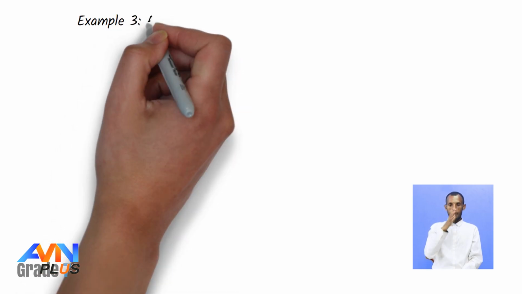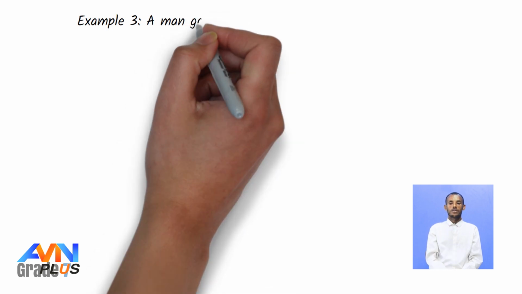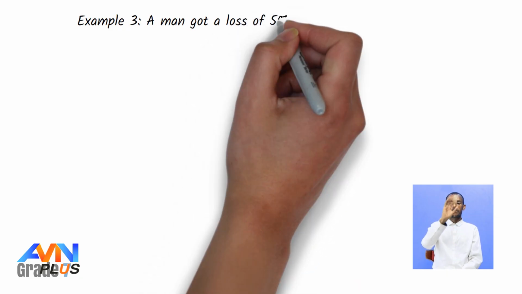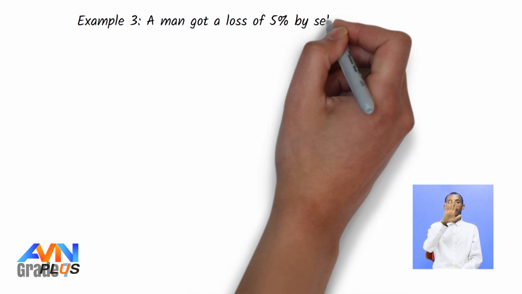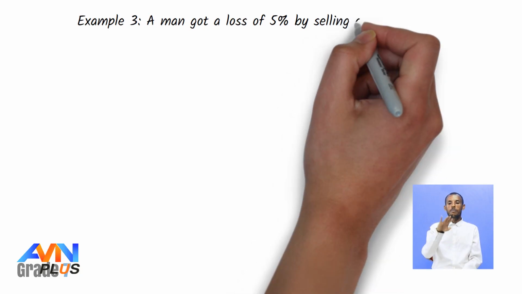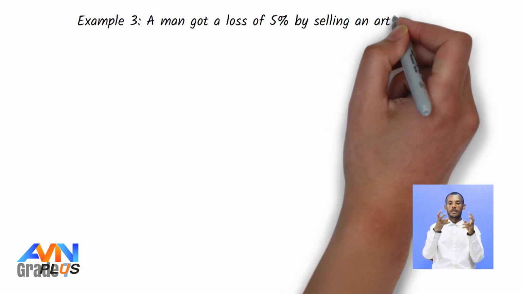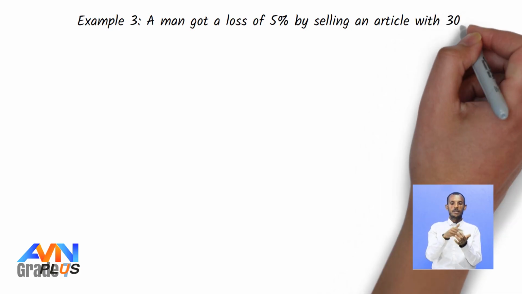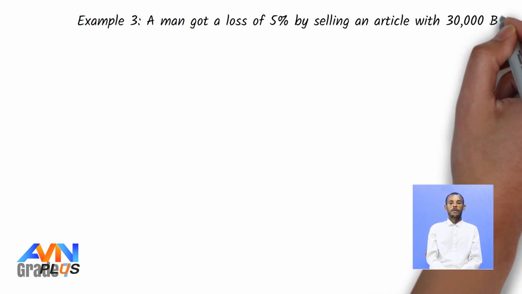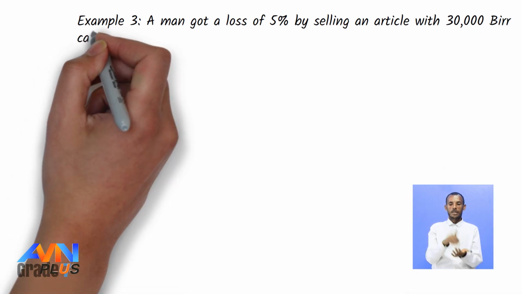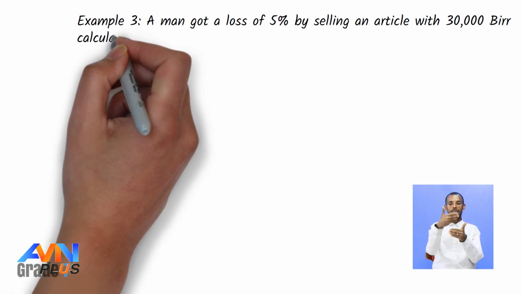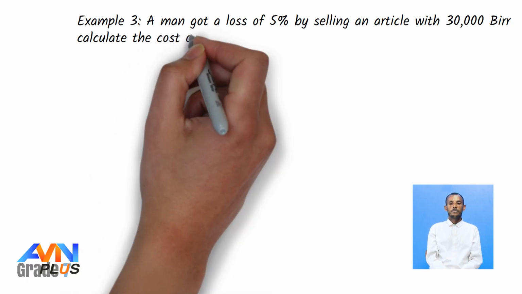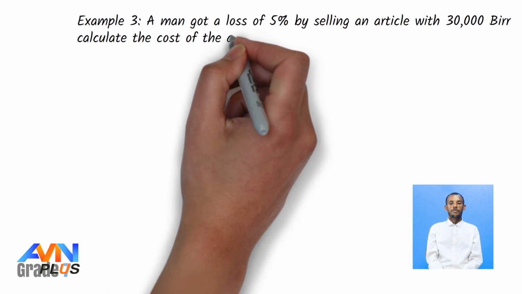A man got a loss of 5% by selling an article for 30,000 birr. Then calculate the cost of the article.